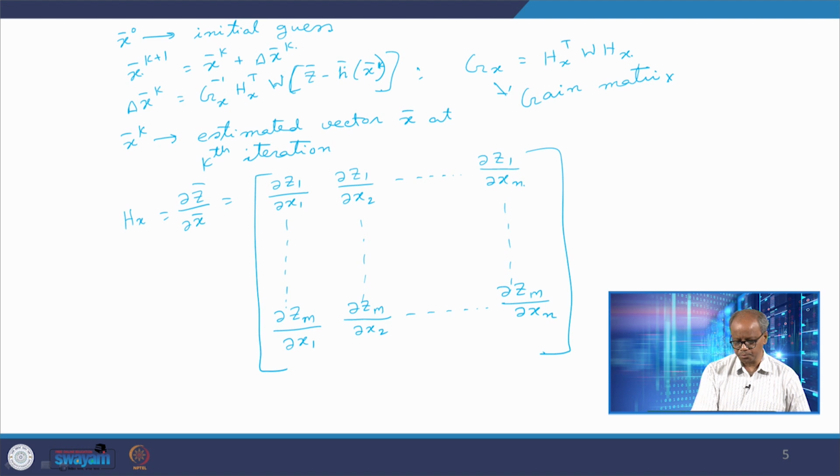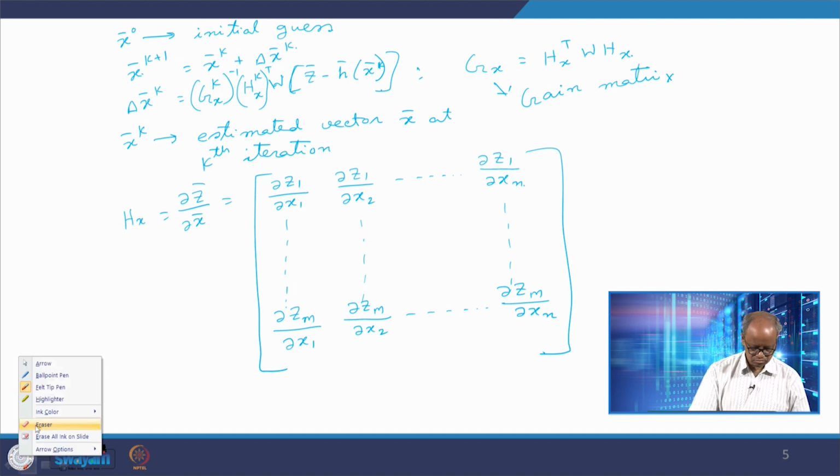This h is being evaluated at x k, and I should write it down in a better way.